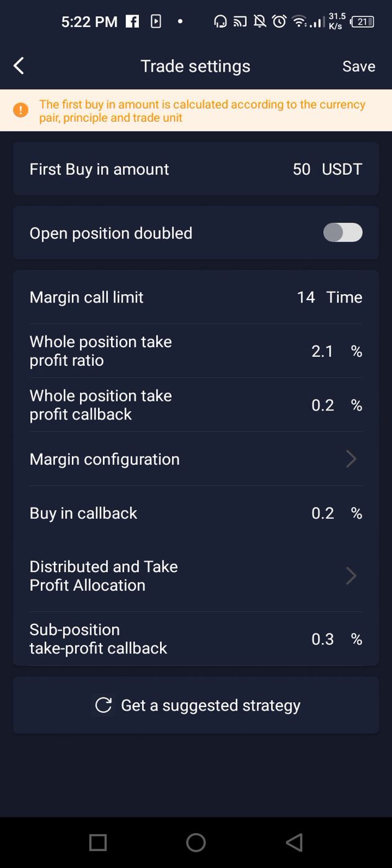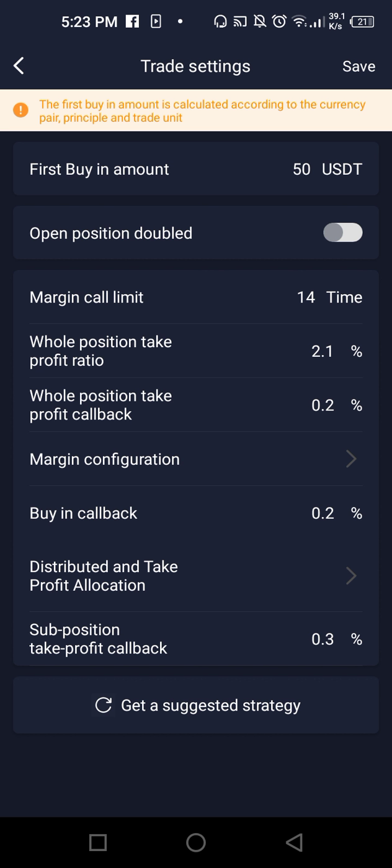Okay, so open position doubled actually instructs the bot to open a double position in parallel. So I have tried opening, for example, this is a KSM. If I want to open another KSM, perhaps I just want to run two in parallel, I don't think that is actually possible.